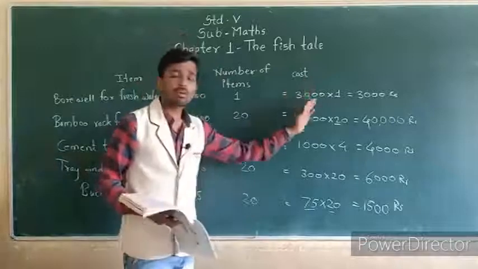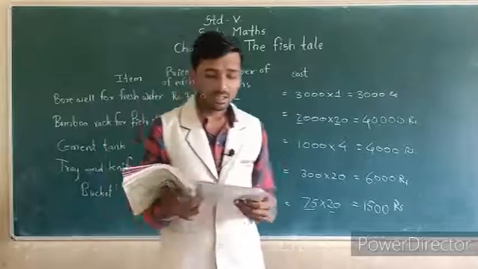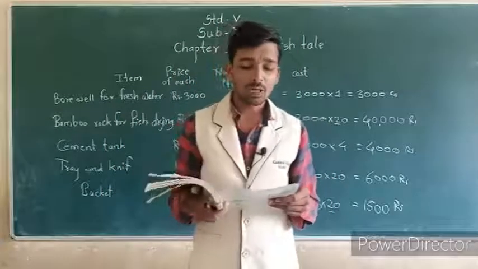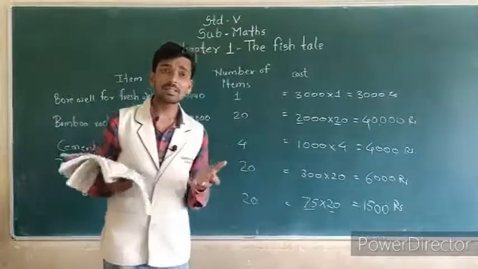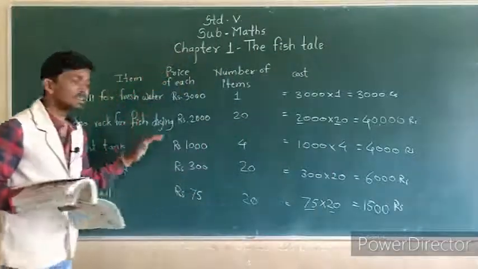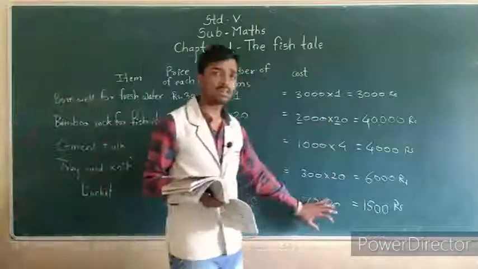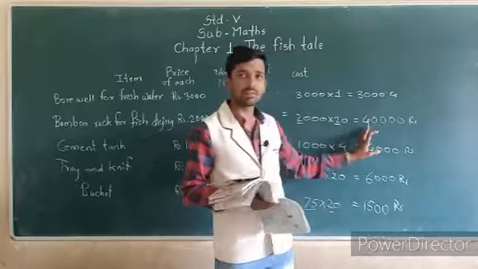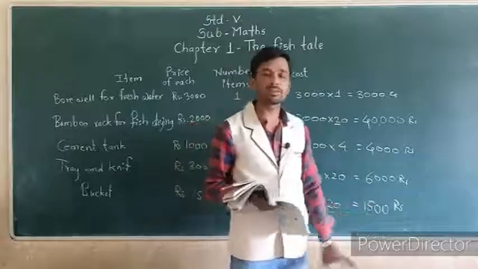Here in the last column we can find the total cost. Our question is the total cost to set up the factory. To set up the factory they require such items and their costs. We can find here: first one is 3,000, second one is 40,000, 4,000, 6,000 and 1,500.